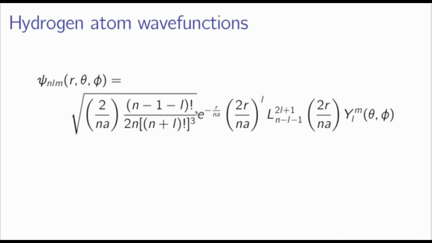Normalization constant out front. Then we have our asymptotic forms for our radial function. The actual meat of the radial function is this associated Laguerre polynomial with various orders. And the angular part is given just by our spherical harmonics. So it's hard, looking at this, to visualize what this actually looks like. So let's consider some sample cases.